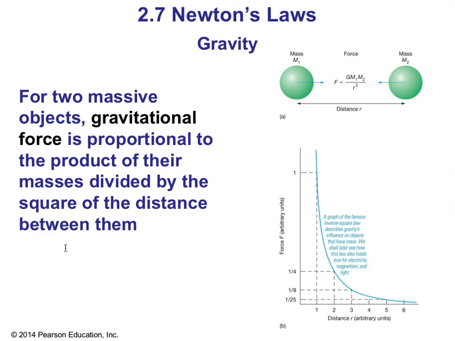We have the gravitational force between two bodies, and there is a mathematical representation where we can calculate the force of gravity between two objects. There is a relationship which is inversely proportional to the square of the distance between those two masses.